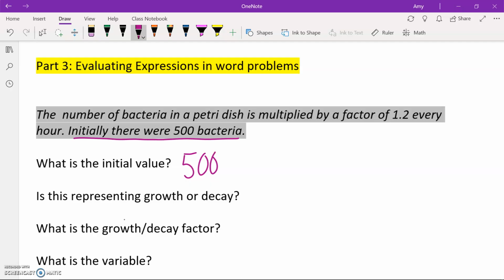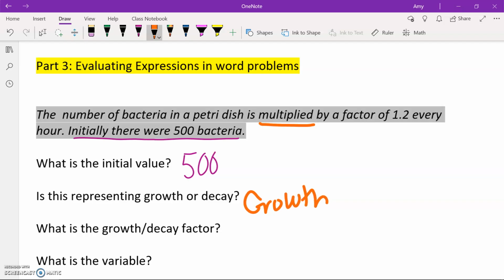So let's think about the situation of bacteria in a petri dish. Will the number of bacteria in a petri dish grow, or will that number get smaller? Well, the bacteria will grow. And we also have that signal because they use the word multiply. So I know that this is growth.